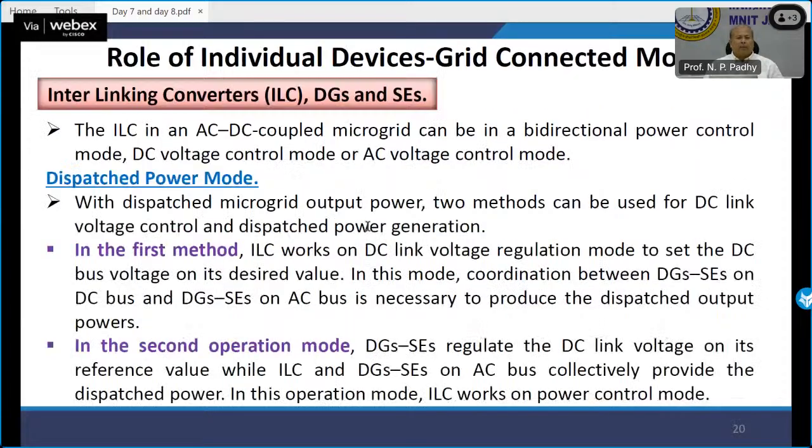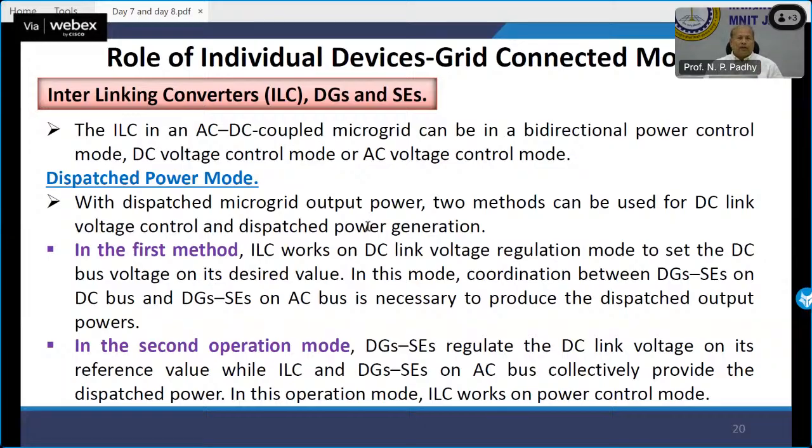converters. Okay. Now we are getting into the role of individual devices in grid connected mode, and we are focusing on interlinking converters, ILCs, very important, which are mainly connected in between your DC bus and AC bus, then DGs and ACs. Now, this is a very important concept.